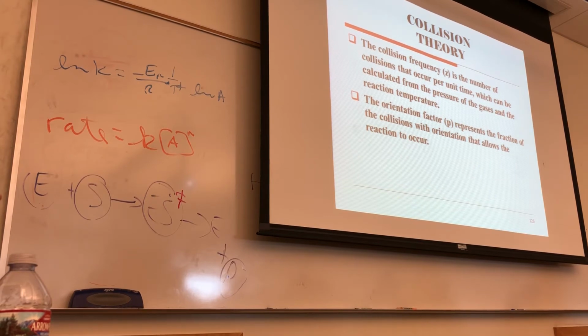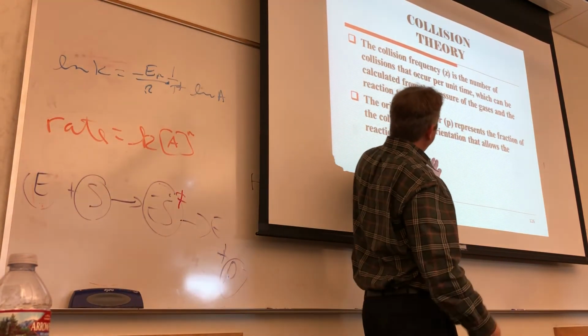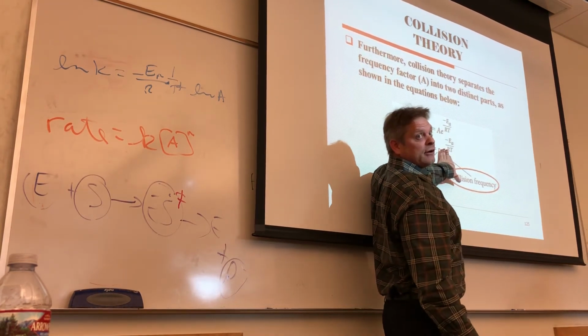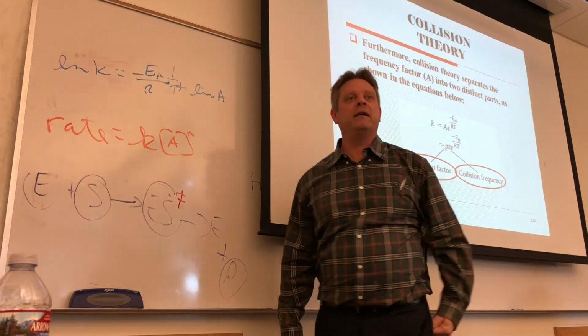So even if my A goes up, if my exponential goes down, that matters. But if I'm just looking at the collision and the orientation factor wrapped up in A, the frequency factor, then if I'm isolating it, that should pretty much almost always apply.